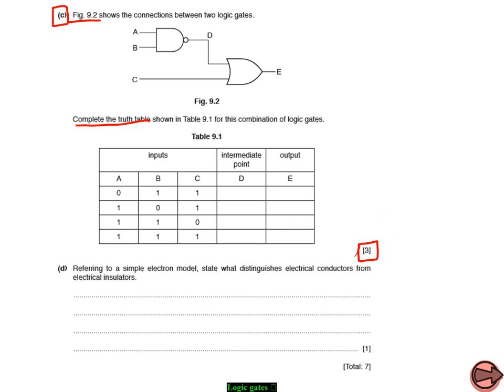Now, how can we answer this question? First of all, we need to identify these different logic gates. Let me show you these symbols. This is a NAND gate. If we look at this gate, we can simply say that this gate is NAND. N means NOT gate and AND gate.